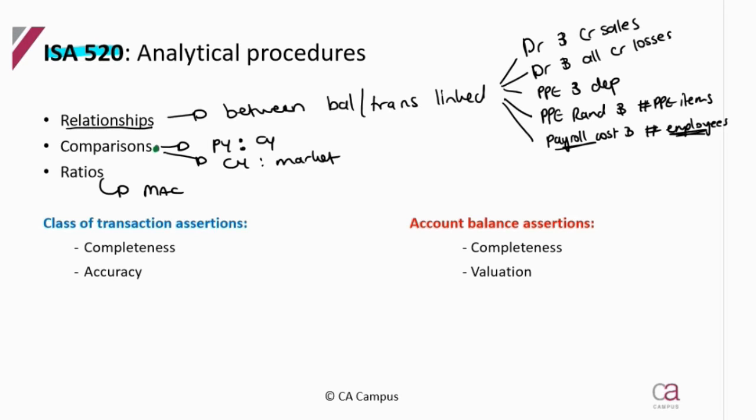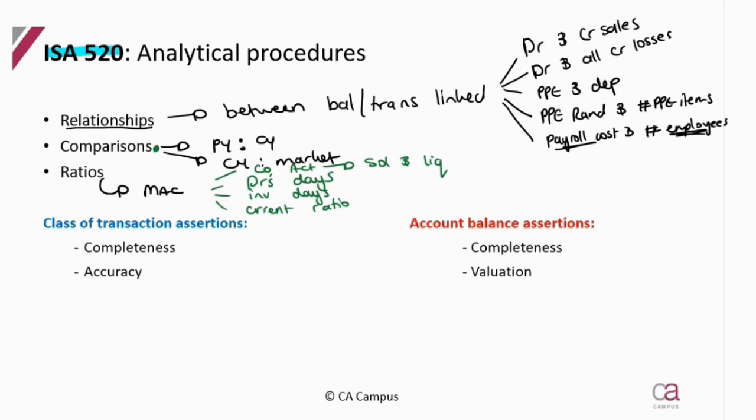Alright, so any of my ratios like debtors days, inventory days, current ratio. Thinking in terms of your auditing, Companies Act, solvency and liquidity.